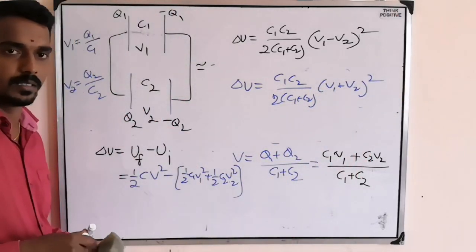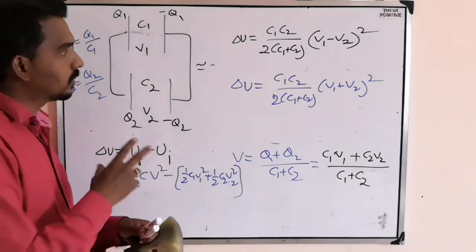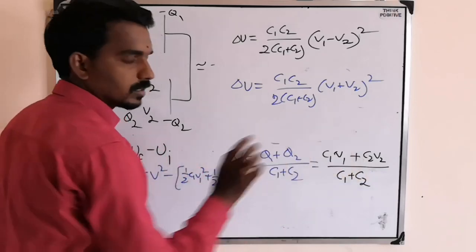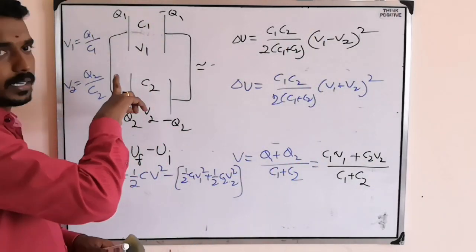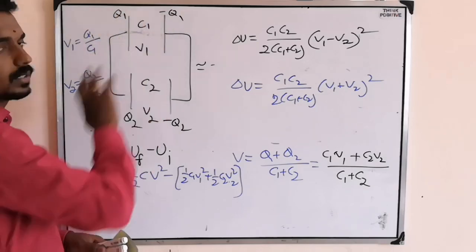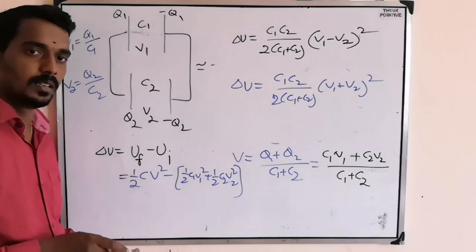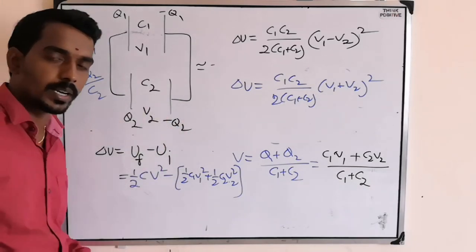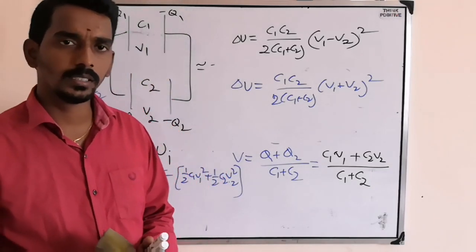Remember that difference, because don't simply remember one formula, understand the difference. Same polarity means plus here, minus here. If polarity is reversed, plus with minus, minus with plus, then here comes minus, here comes plus. So this way also they can ask questions, and this is one of the important concepts related to conductors.